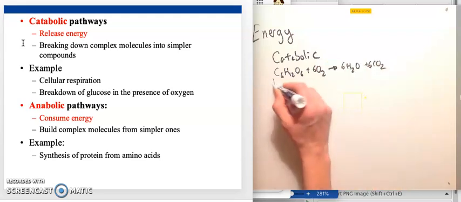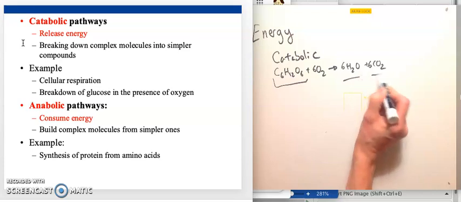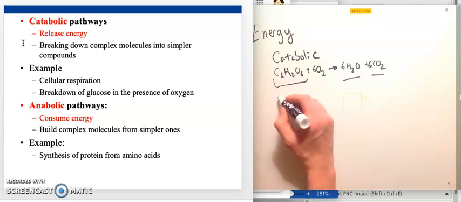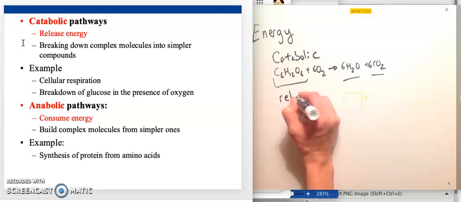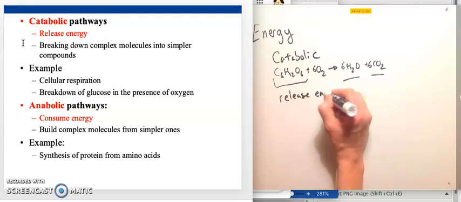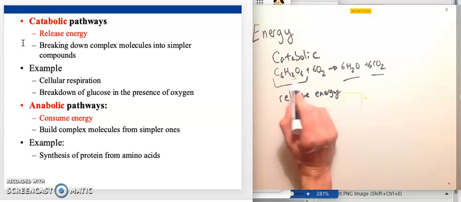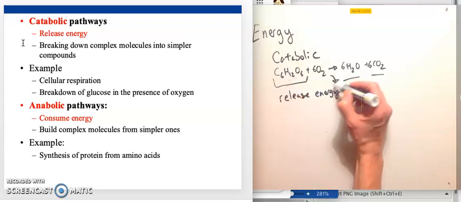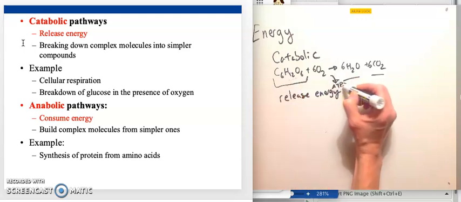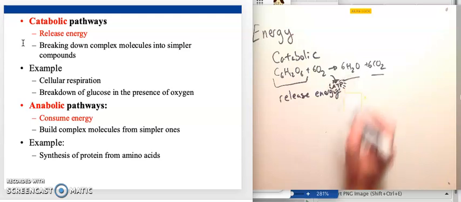So we have this large complex molecule that gets broken down into these simpler molecules. Catabolic reactions release energy. And so that's the purpose of cellular respiration, to release the energy that's stored in our food and pass it to ATP so our cells can use that energy to do work.